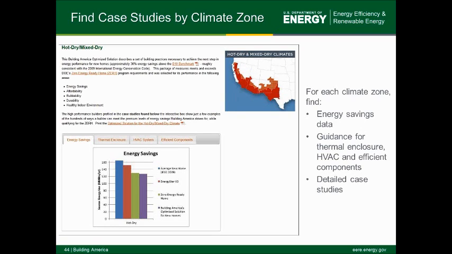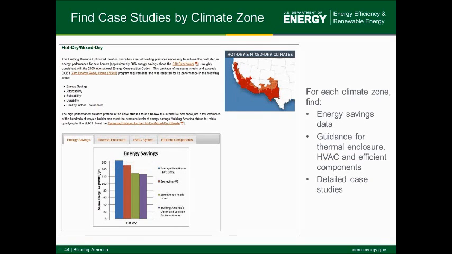We have a somewhat new tool called the Optimized Climate Solutions tool that gives you access to building packages for climate-specific construction projects. It is an interactive tool, so if you go to the homepage, you can click on any one of the Building America climate zones to find the specific information for each climate zone.